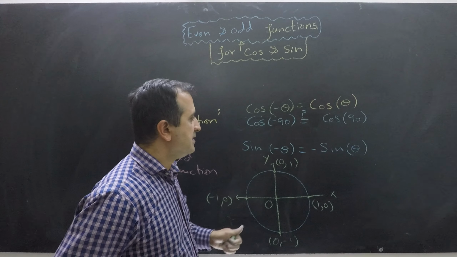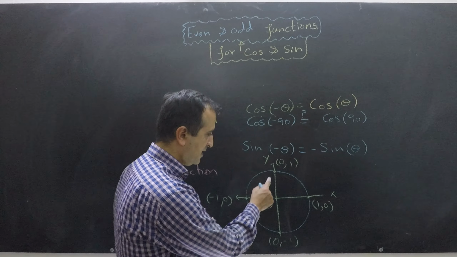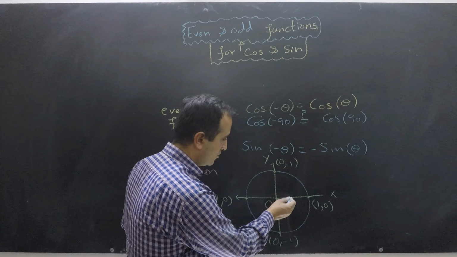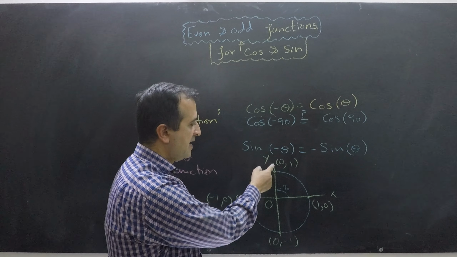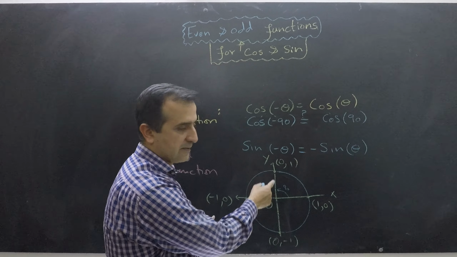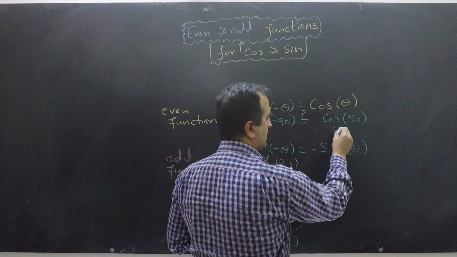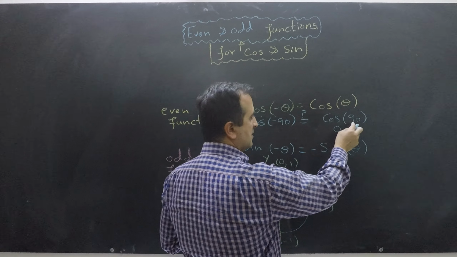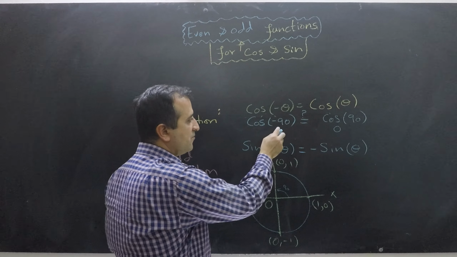First we have to find cos 90. This is our 90 degrees. What is the value of x at plus 90? 0. So cos 90 is equal to 0. Now we have to find cos minus 90.